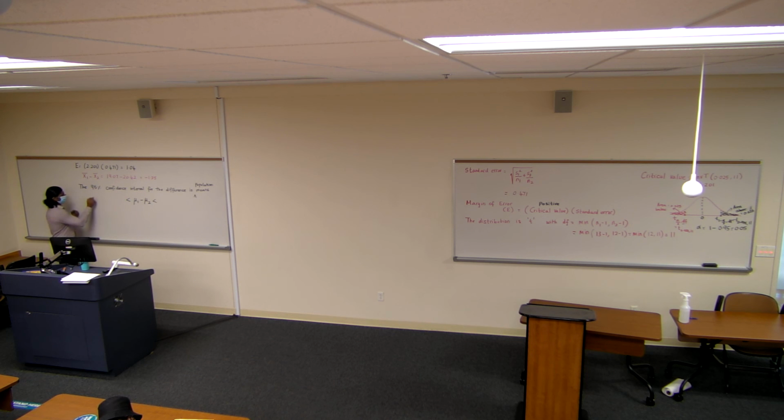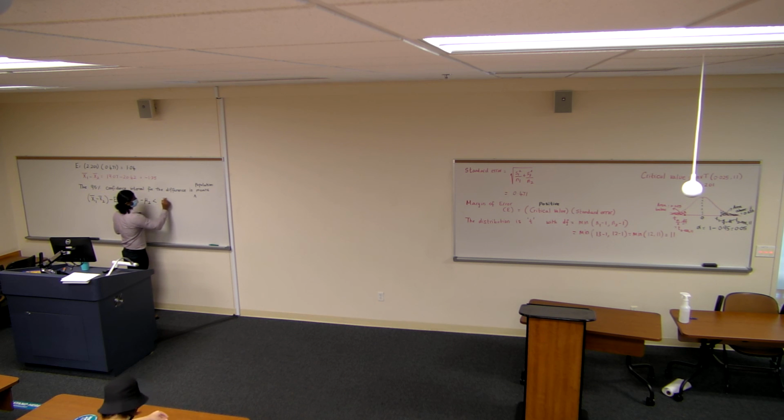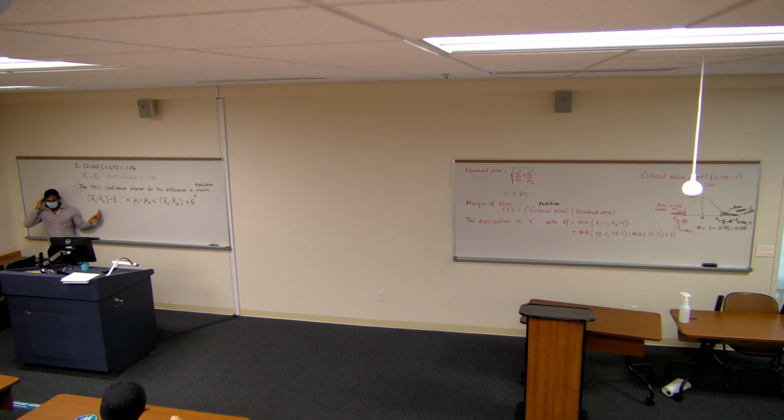So x1 bar minus x2 bar minus the margin of error, and x1 bar minus x2 bar plus the margin of error. This is going to give us the lower endpoint, and that will give us the upper endpoint.